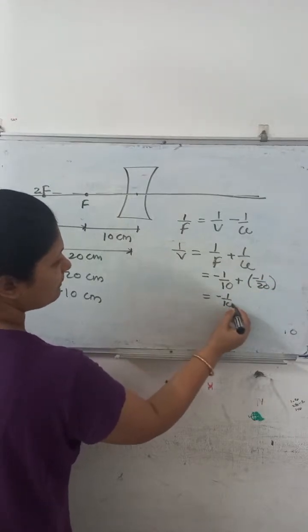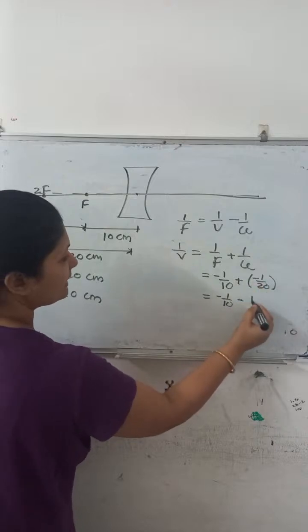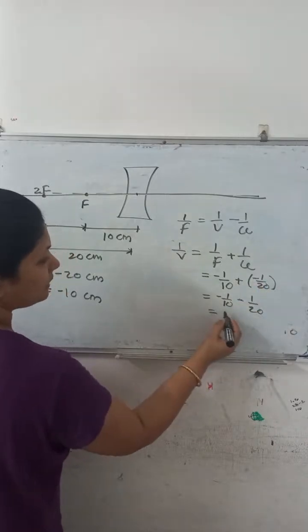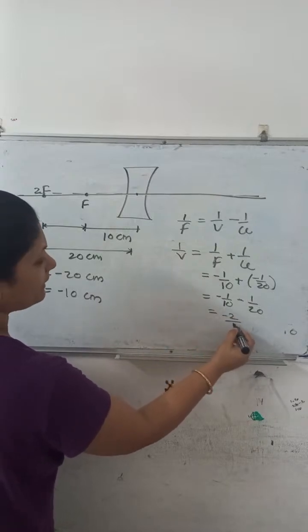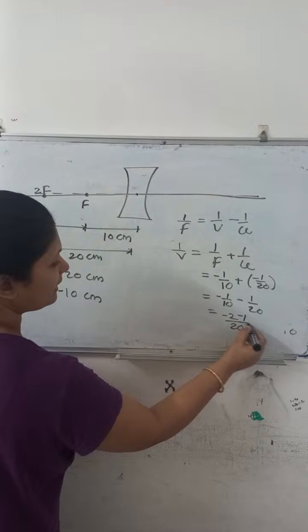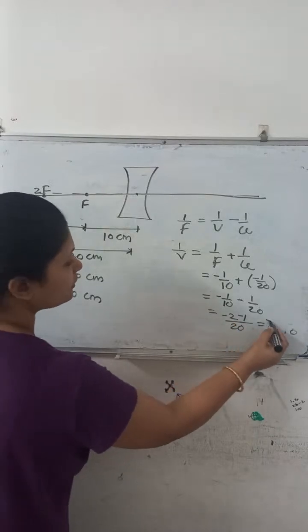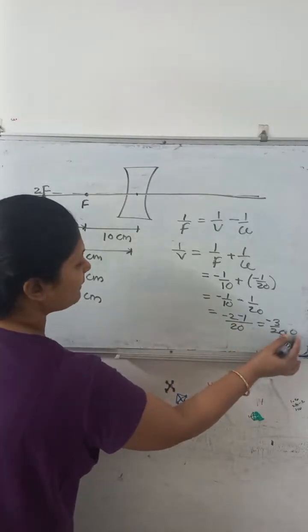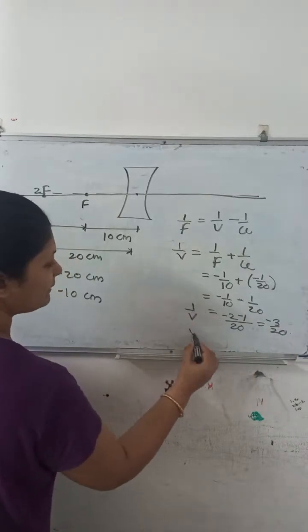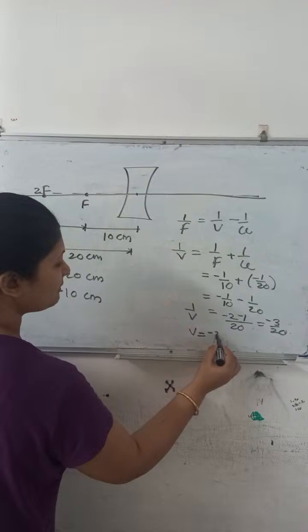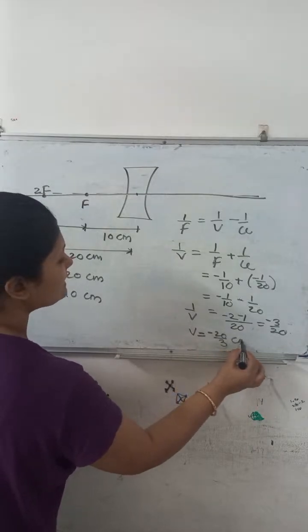So minus 1 by 10 minus 1 by 20. Make the LCM the same: minus 2 by 20 minus 1 by 20, you will get minus 3 by 20. So 1 by V is minus 3 by 20, so V is minus 20 by 3 centimeter.